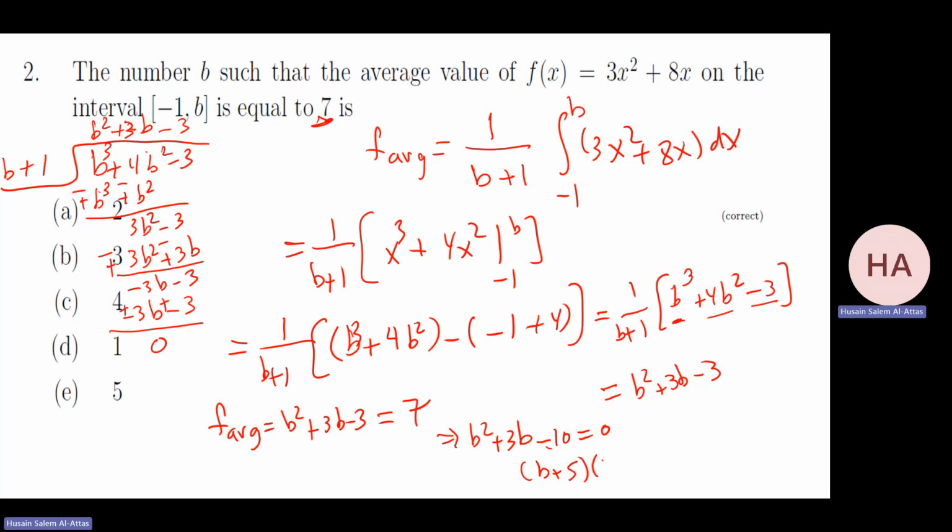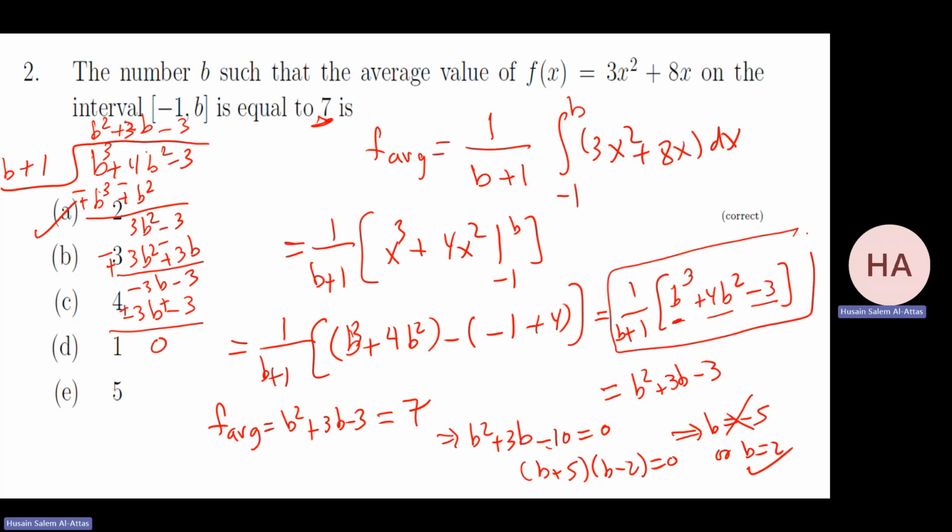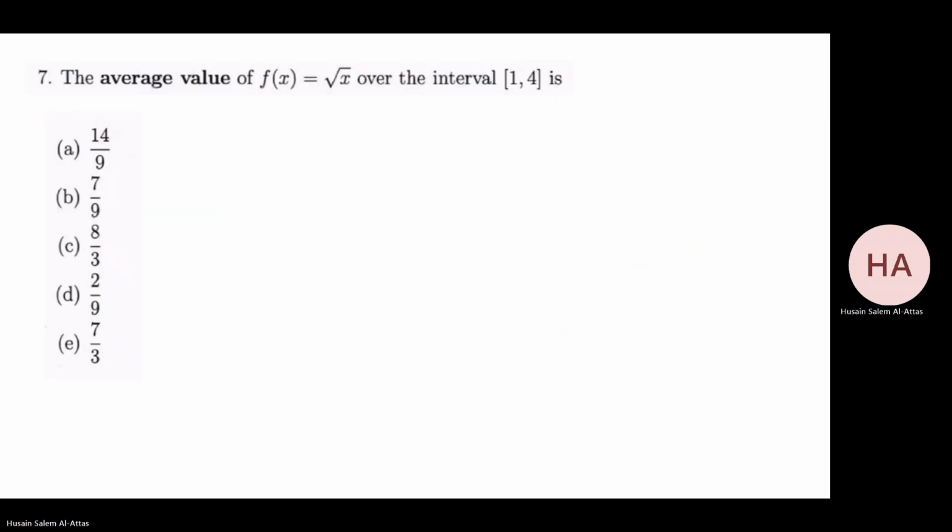B plus 5 times B minus 2 is equal to 0. It's a little bit tricky. So I have B equals minus 5 or B equals 2. This is rejected because I have minus 1 to B. So this is my answer, which is 2. It's a little bit tricky in the calculation, so be sure about this.